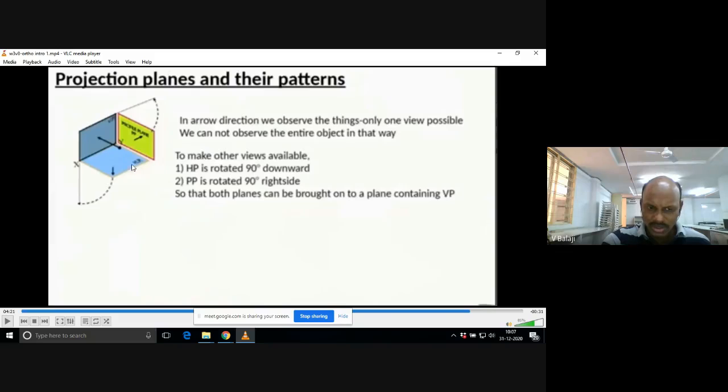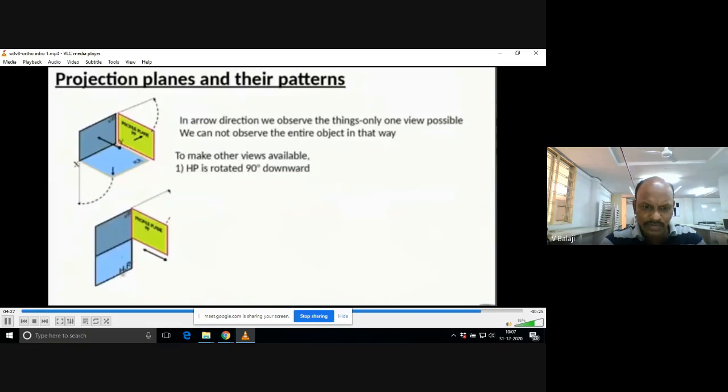Just rotate HP clockwise 90 degrees and profile plane 90 degrees right side. I will show you, maybe you can understand, otherwise I will show you one more pattern how to think of rotation.